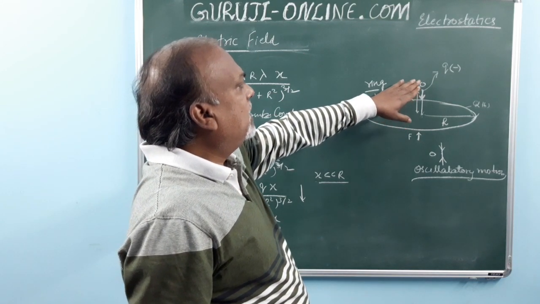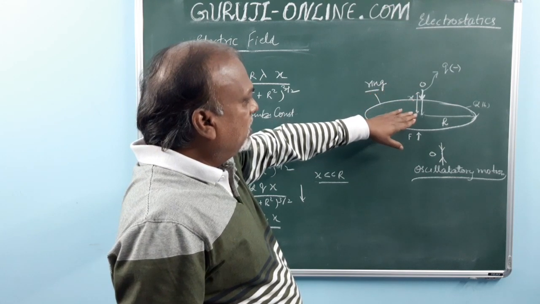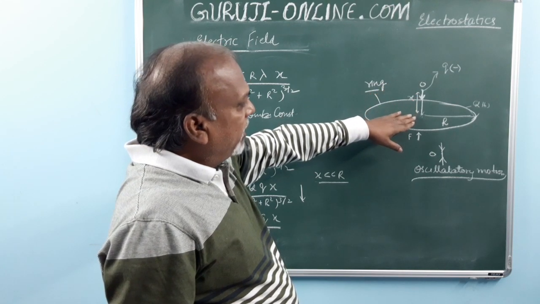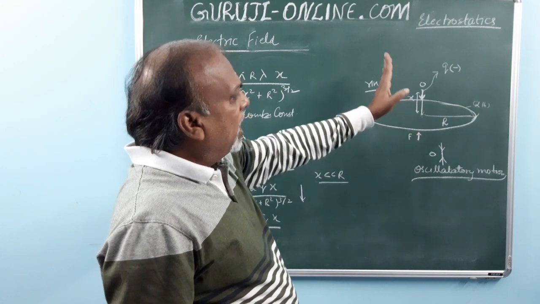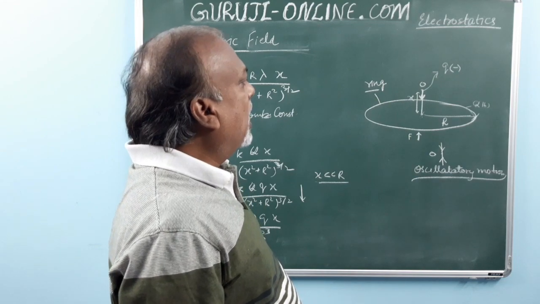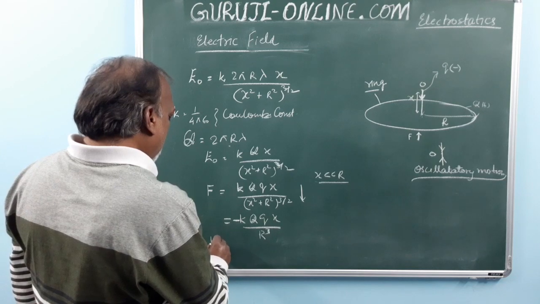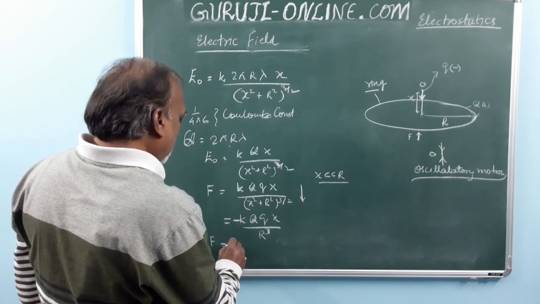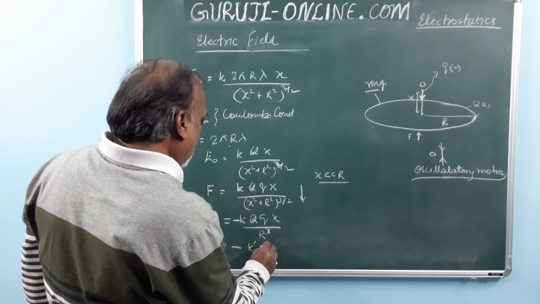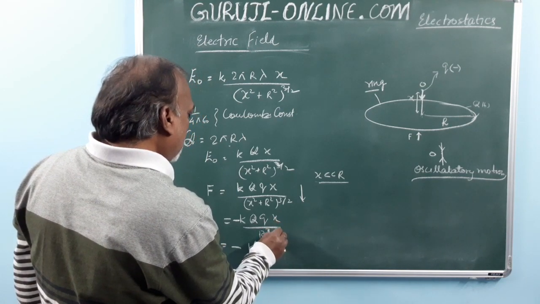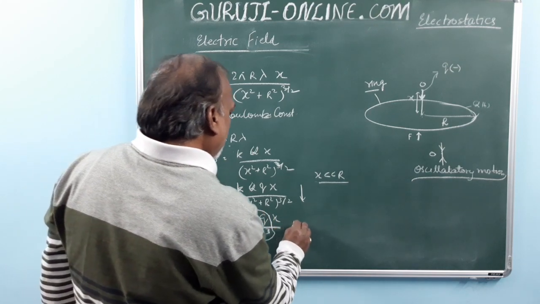If this is minus charge, then it will go down. Once it goes further down, it will experience a force in the upward direction, and this we can write as minus K dash x, where K dash is nothing but this.